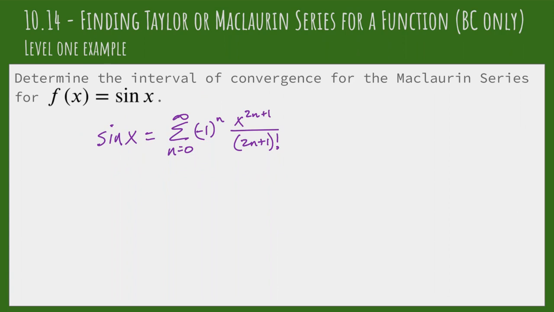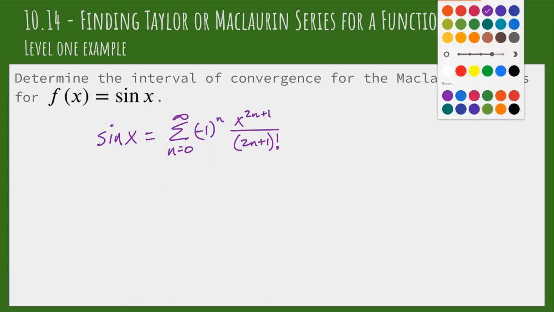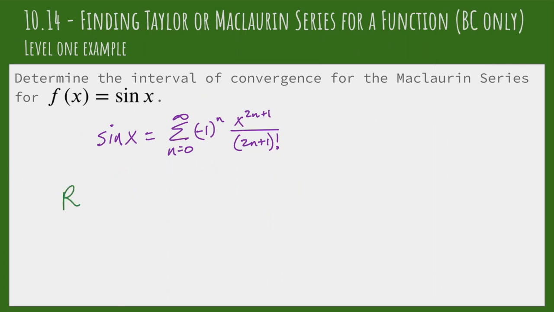So to do the ratio test, we're first going to evaluate that limit. So r is the limit as n approaches infinity. And I'm just going to write out the formula for it first, essentially. So we're taking the n plus first term divided by the nth term. Remember, the ratio test is essentially looking at whether the series behaves like a geometric series, and if it does, we can use essentially the conditions of the geometric series test to see if it converges.